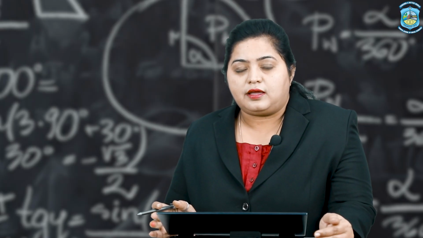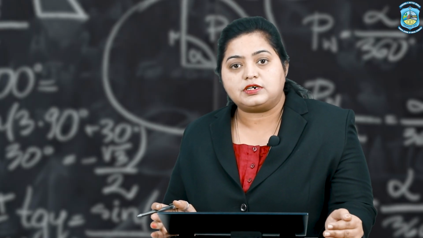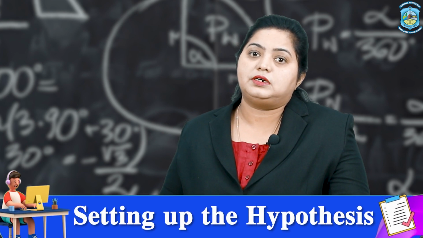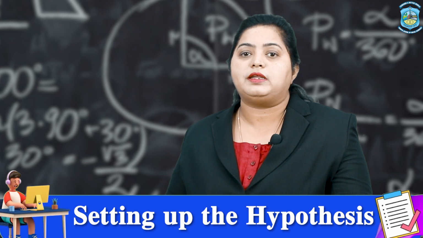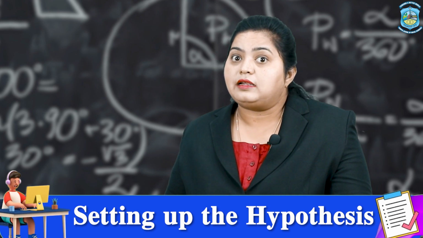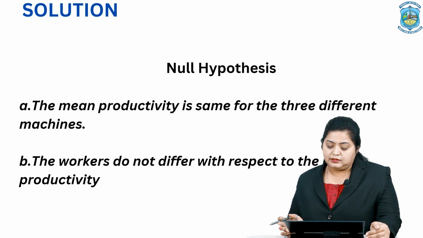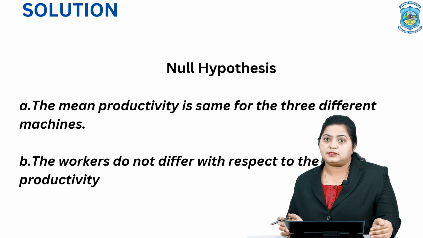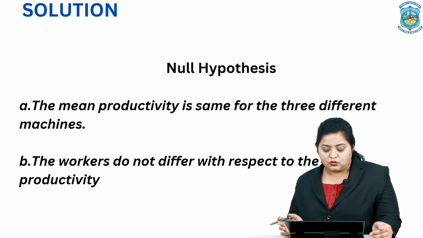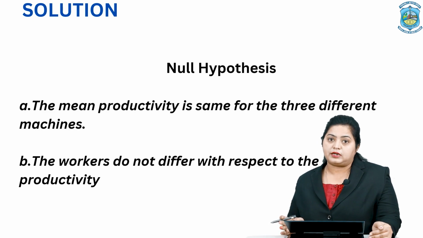Now the solution. As per our working rule, the first step is setting up the hypothesis, and in this question we are going to form null hypotheses. The first is that the mean productivity is the same for the three different machines, and the second hypothesis is that the workers do not differ with respect to mean productivity.